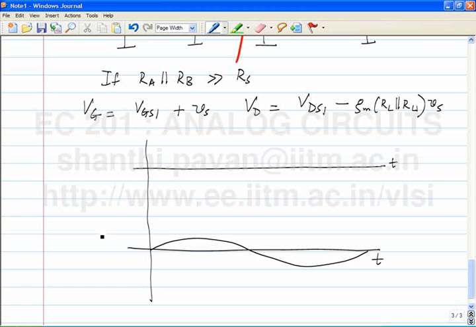So this is Va, and this is riding over a DC value which is equal to VGS1. The drain potential is riding over a DC value of VDS1. Okay, can somebody tell me how the waveform will look? And what can you say about the amplitude of the sine wave at the output versus the input?